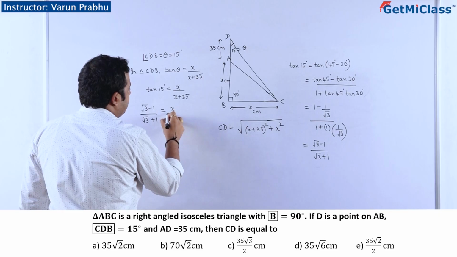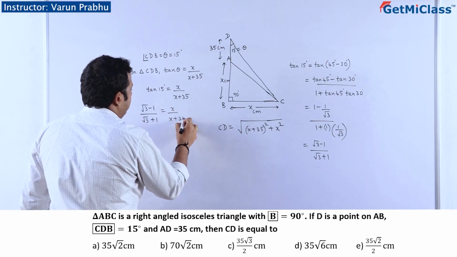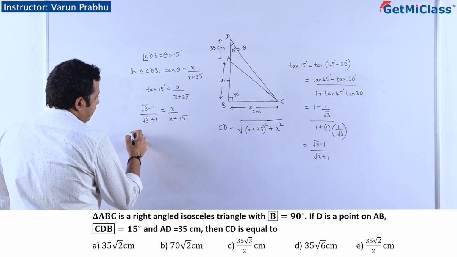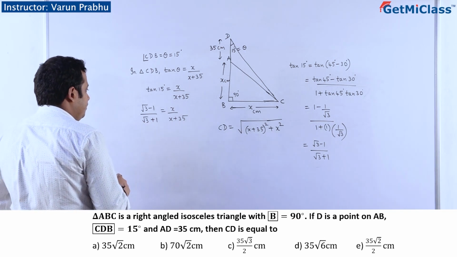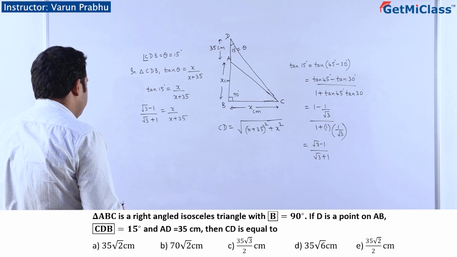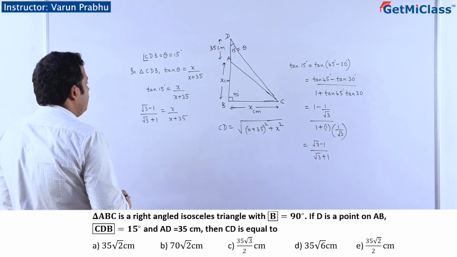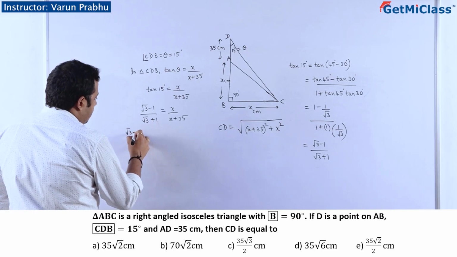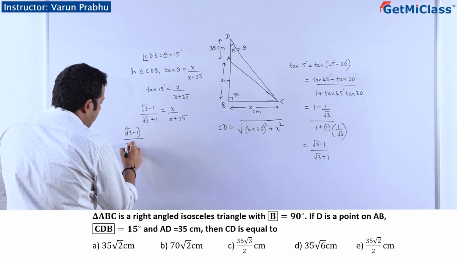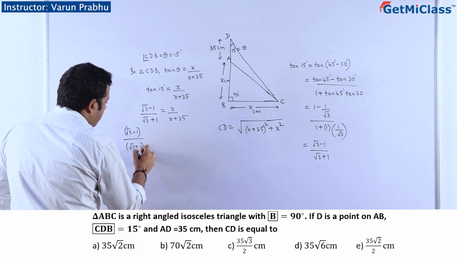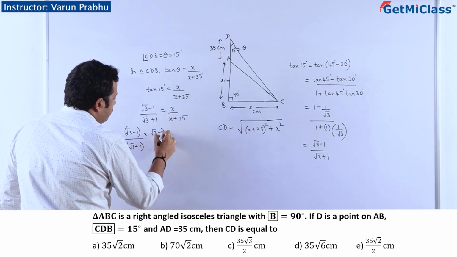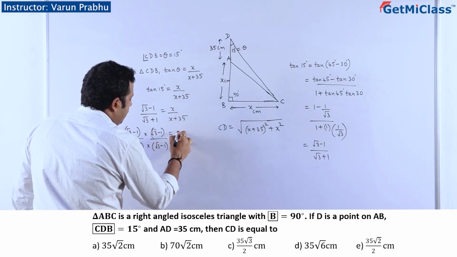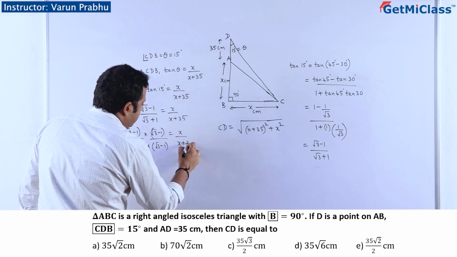That is equal to x divided by x plus 35. So we can say root 3 minus 1 divided by root 3 plus 1, multiplied by root 3 minus 1 divided by root 3 minus 1, is equal to x divided by x plus 35.